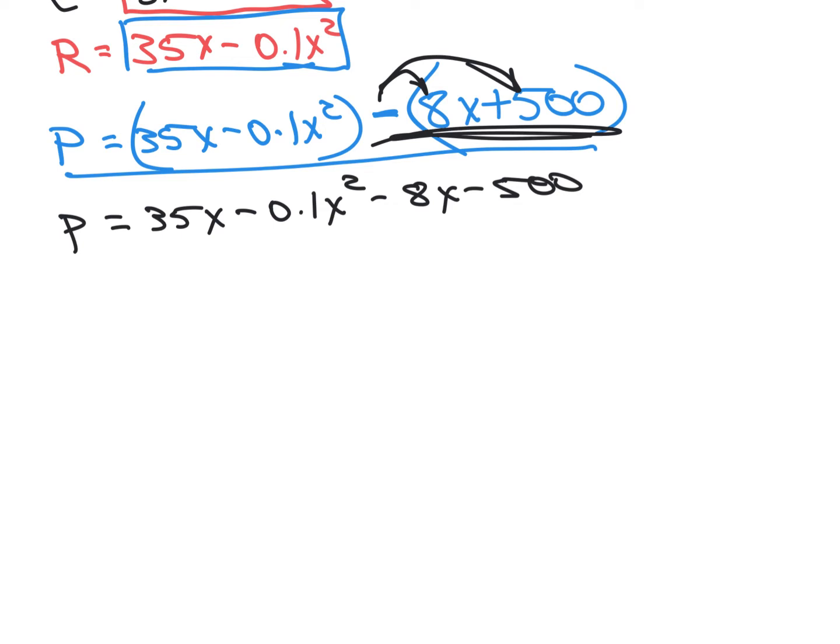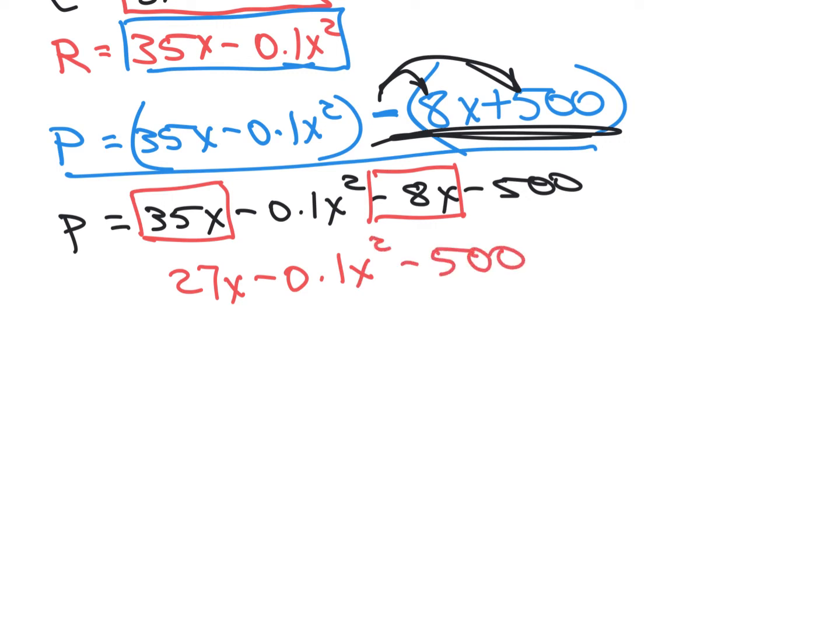Next, we're going to try to combine like terms. The only like terms we have are this 35x and this minus 8x. Let's combine those, and we get 27x minus 0.1x squared minus 500, still equal to P. We're not doing anything with that P right now.